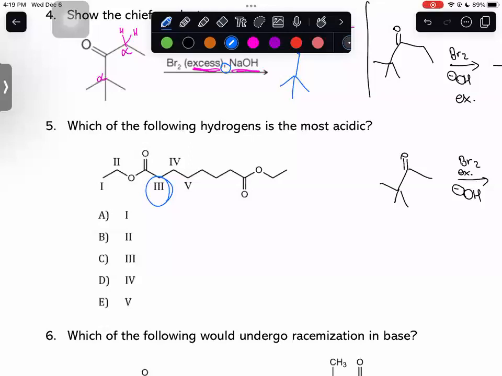What's the difference between 2 and 3? Resonance. Number 3 is the one that's able to do resonance and stabilize the charge. Would that count as an allylic position? Right next to it, yes, it is allylic. You are correct.